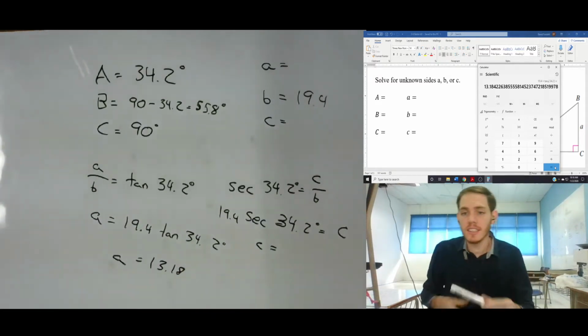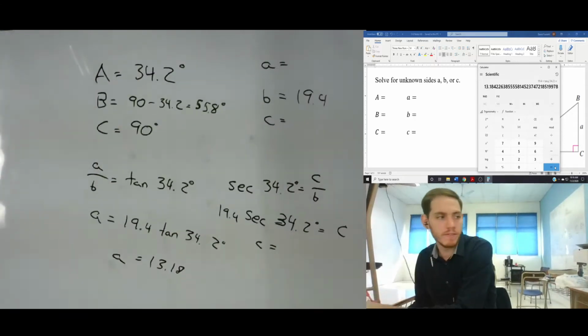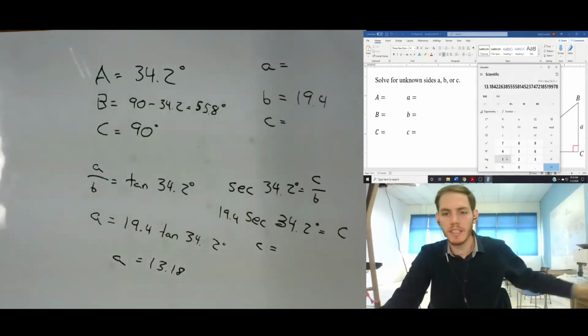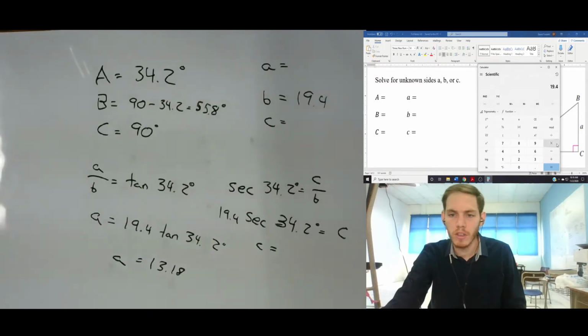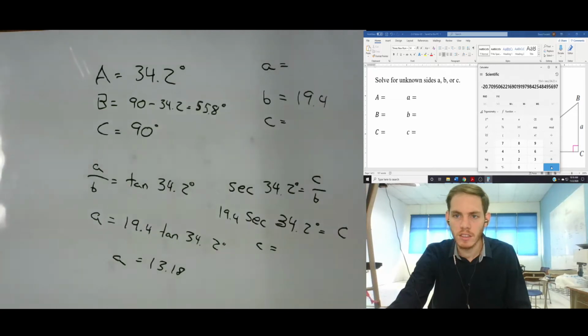And then c is going to be 19.4 times secant of 34.2. And our answer, okay, I don't know why it changed. 19.4 times secant of 34.2.